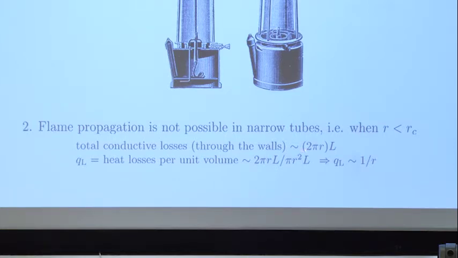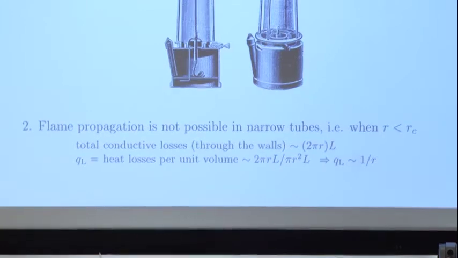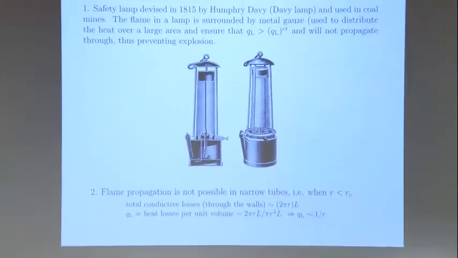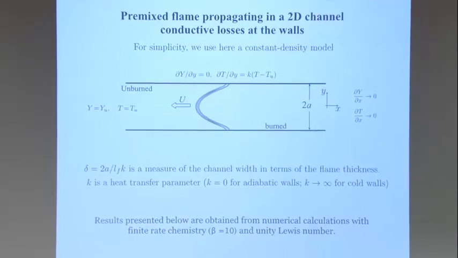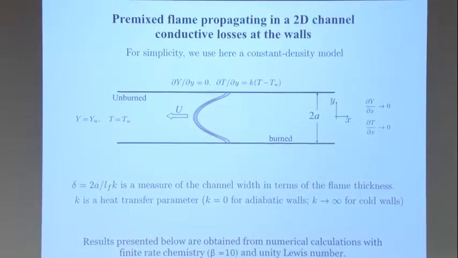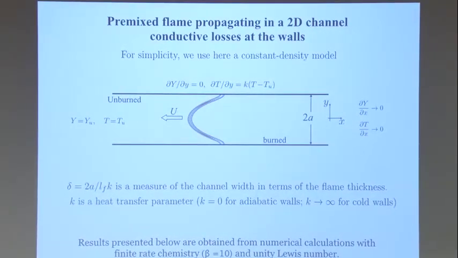So the total loss will be the surface area divided by the volume, will be proportional to that, which is 1 over R. So when you increase Q above QL, meaning reduce R below a certain critical value, the flame would extinguish. So that's also consistent with that. I want to take another couple of minutes and then we will take a break, just because it's in the same nature, and I will split before I talk about ignition.